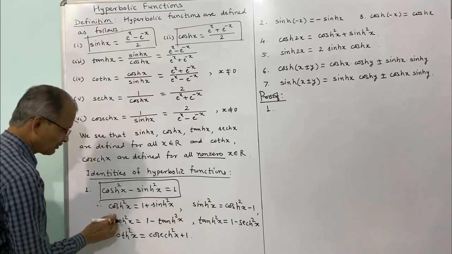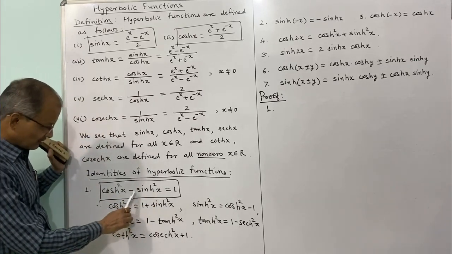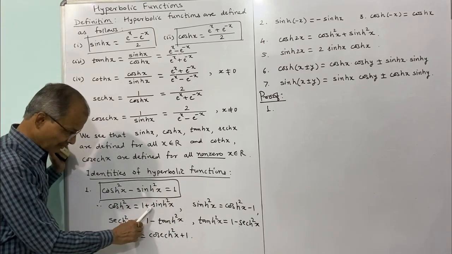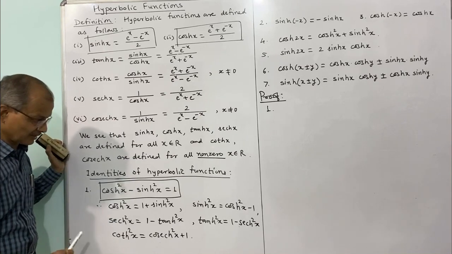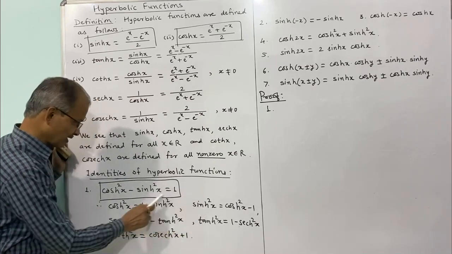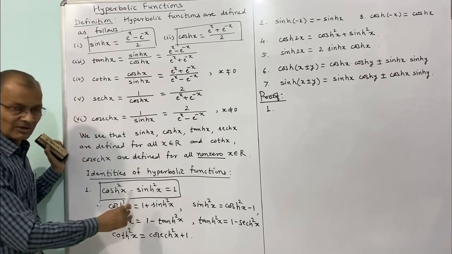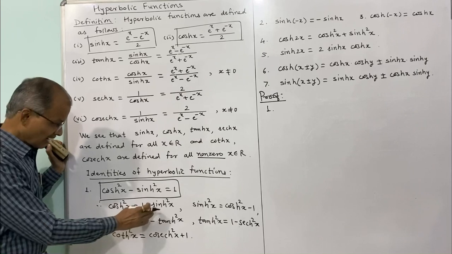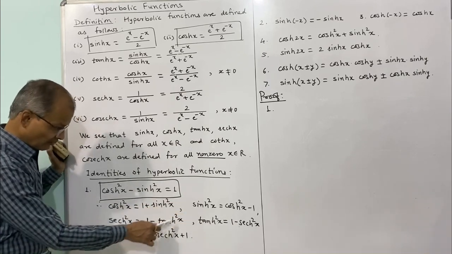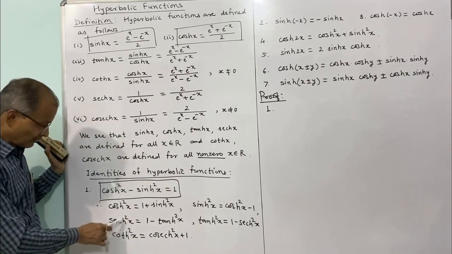Others will follow from it. Only what we have done is, this hyperbolic sin square x is transferred to that side, we can write 1 plus hyperbolic sin square x. And similarly, hyperbolic sin square x is transferred to this side, and 1 is transferred to this side. These are only shifting of terms. So these 5 formulae are obtained from the single formula, and therefore we have written them below this.